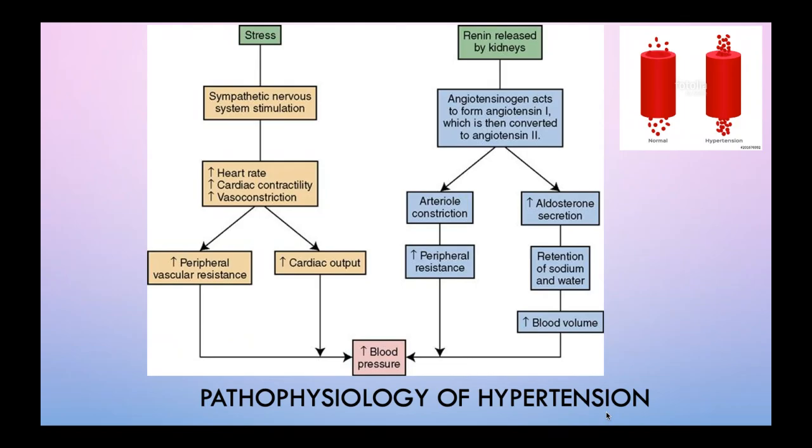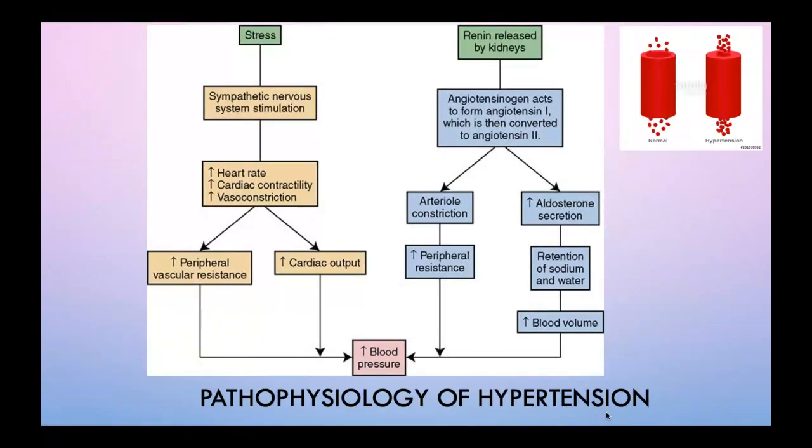angiotensinogen now acts to form angiotensin 1, which is then converted to angiotensin 2, which triggers arterial constriction and increased peripheral resistance. We also have, and this is the pathway in which the ACE inhibitors will work, the increased aldosterone secretion, resulting in increased retention of sodium and water, and therefore an elevated blood volume.